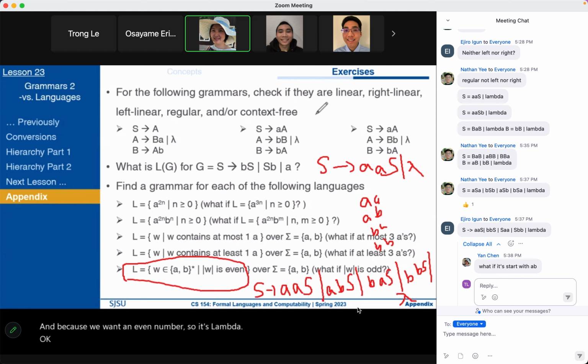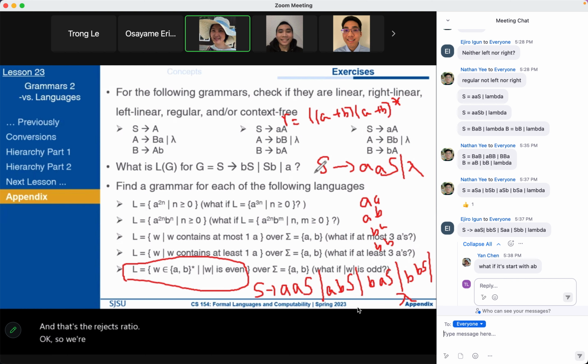Okay, and then also you can refer to our strategy when we write the regexes. All right, so A or B, and then we're repeating this any number of times. Right, that's the regex version.